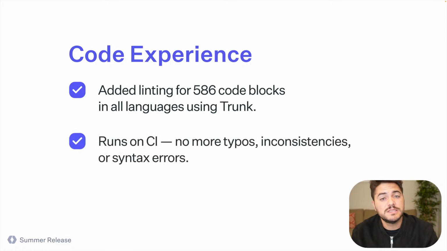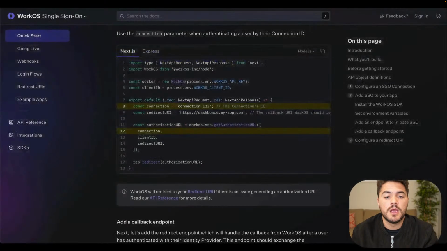And this linter runs on CI, so that means that whenever we keep evolving the docs and adding new content, you're not going to find typos or inconsistencies like mixed single quotes or double quotes, or syntax errors in whatever language you're using to integrate with WorkOS.